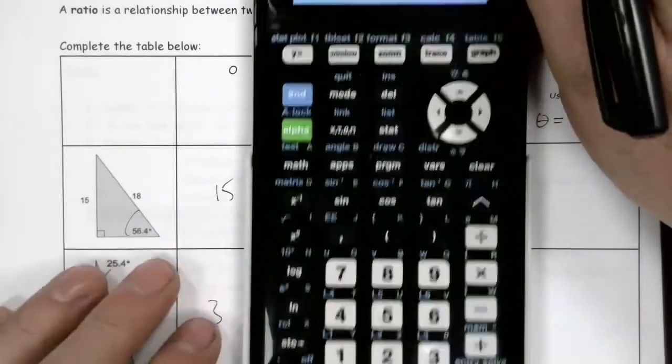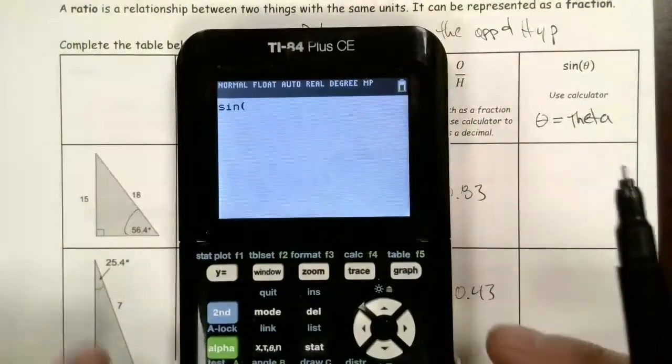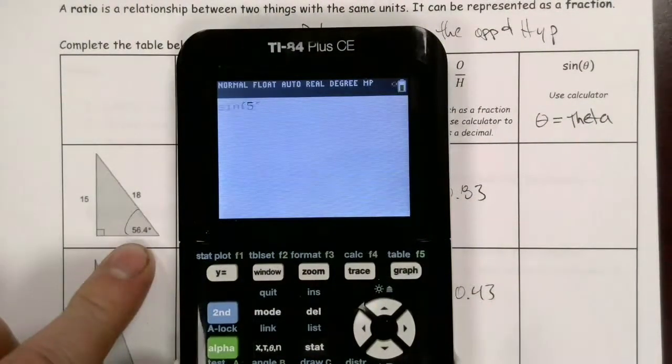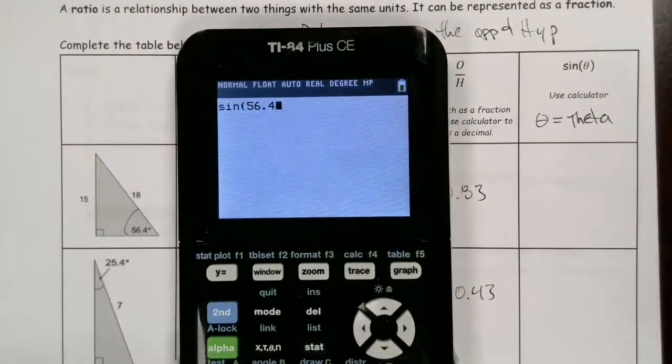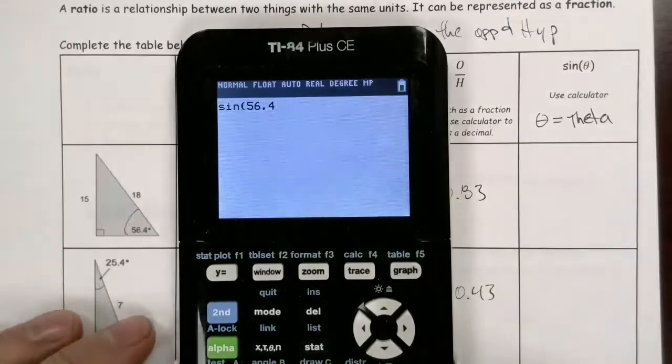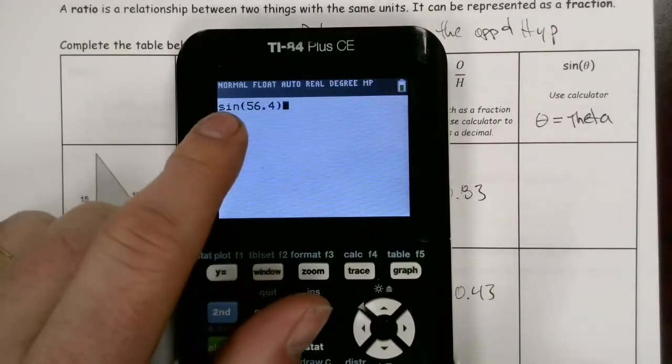So I'm going to press that button, sine, and I'm going to put the angle in there, 56.4. My calculator opens up a set of parentheses. Now, some of your calculators won't open up a set of parentheses, but it's helpful to do that. So I'm going to put parentheses around that. That's sine of the angle.